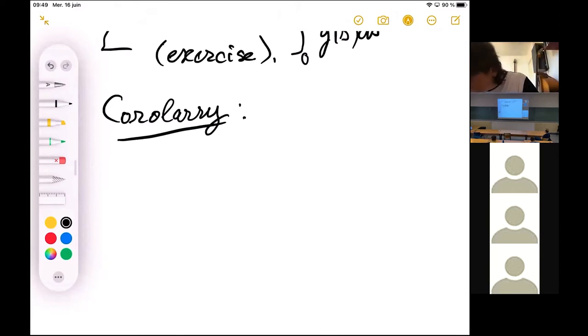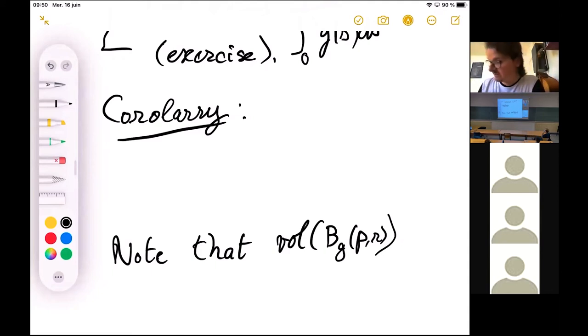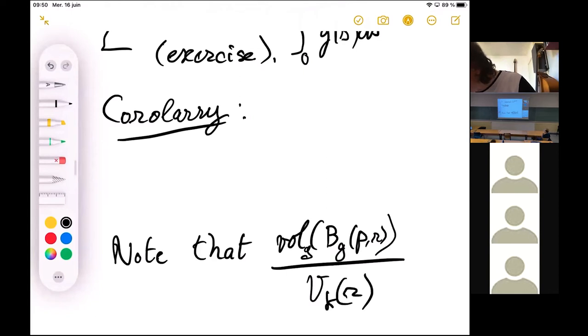So we have the volume of balls around P. I was telling you how to get from the Bishop-Gromov inequality a lower bound on the volume of balls. This is what's called a non-collapsing condition, which is very useful.